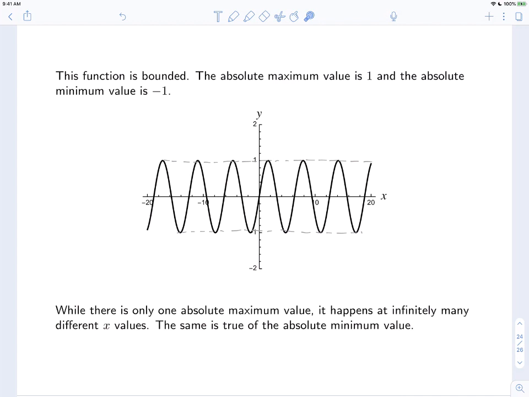So there are infinitely many places that achieve the absolute maximum of 1, and infinitely many places where you can find the minimum value of -1. But there's only one maximum value, which is 1, and only one minimum value, which is -1. It just happens that they occur at a lot of different places.